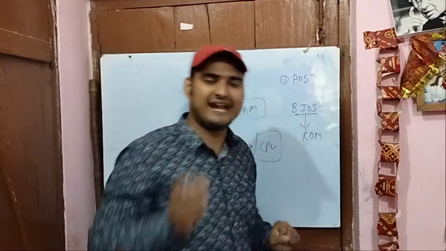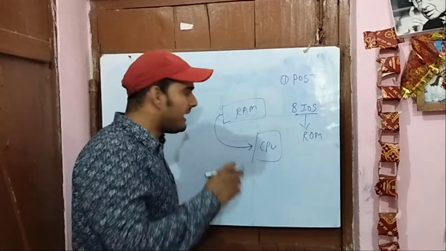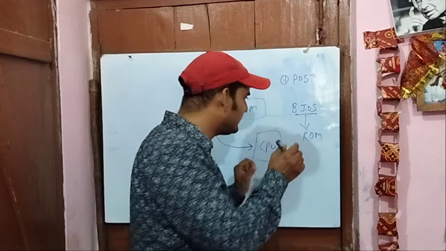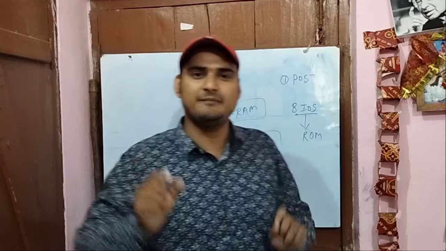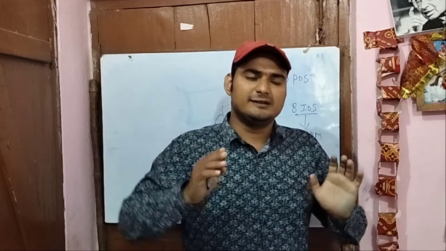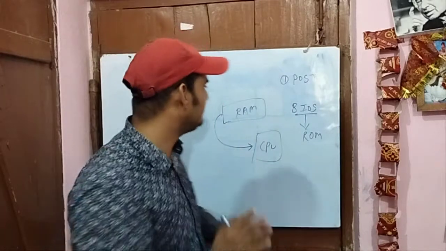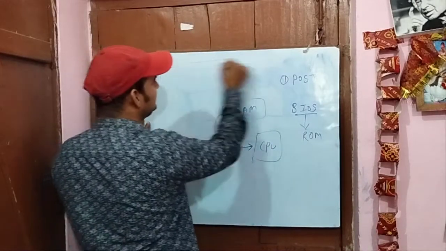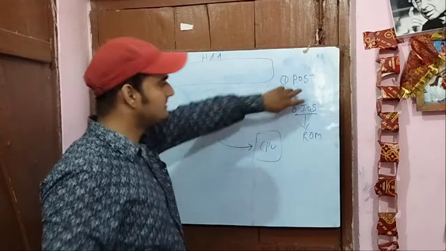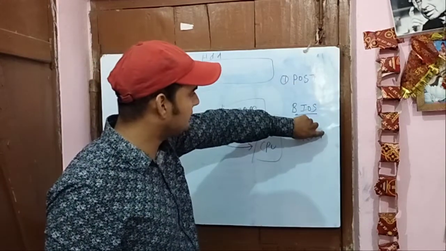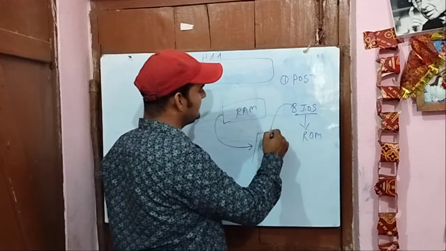Whenever we start our computer, this BIOS code is loaded inside the RAM, and that code is written in such a manner that it helps in loading the zeroth block of the hard disk. Let's suppose this is our hard disk drive, and this BIOS program, which resides inside the ROM, is loaded into the RAM.